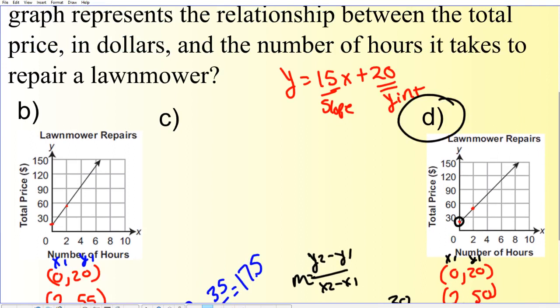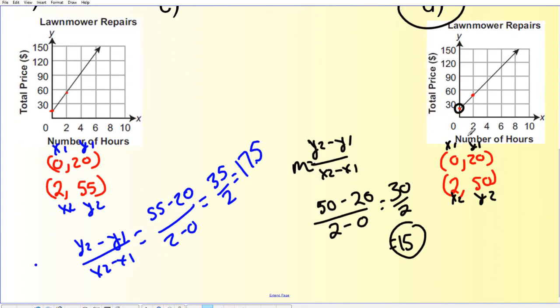And if you did not estimate exactly 50 like I did, 45 wouldn't make sense. Here's why: 45 is halfway between 30 and 60, so 45 would be like here, and the point is a little bit higher than 45. So if you said 47, 48, or 49, you're still going to get a slope that's closer to 15 than 17.5.